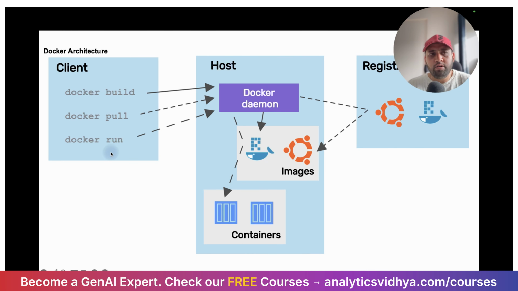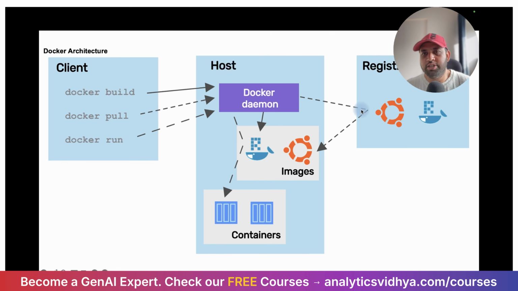And then another is docker run. If you see here, when you run docker build, this command line interface request goes to the host and it builds an image. That's it. You can see an image got built here. If you look at this arrow, the docker pull command actually asks the Docker daemon to go to the registry, wherever that registry is.